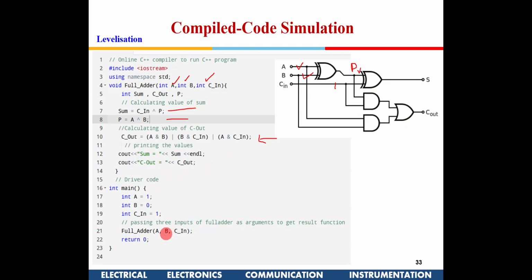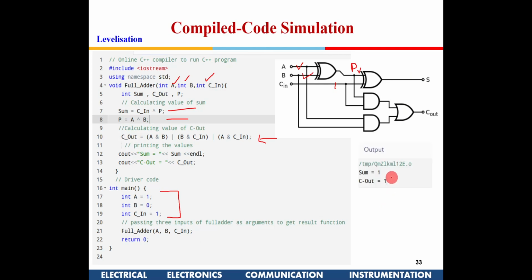If I run the program and give an input 101, will it give me a correct result? No. Why? P should have been defined before sum. When I do a compiled code simulation, it will go line by line. Here P is defined later on and sum is defined first.